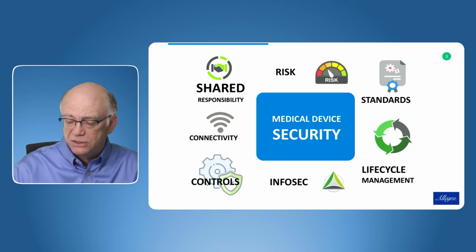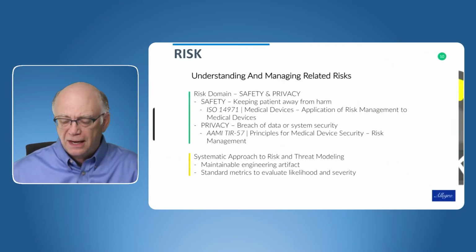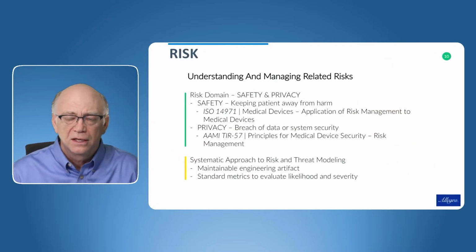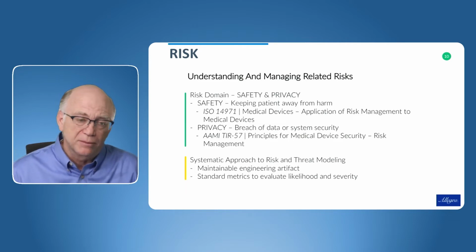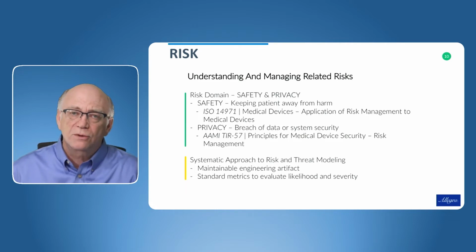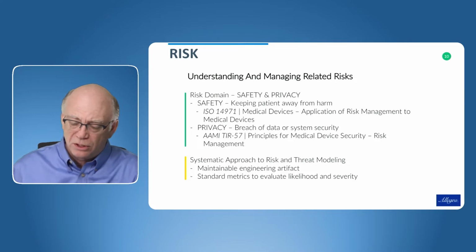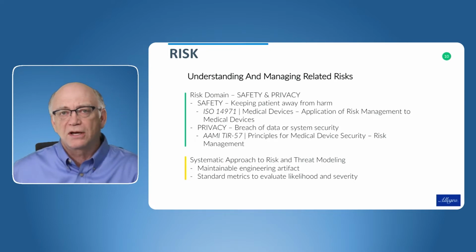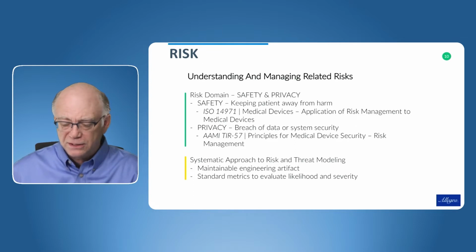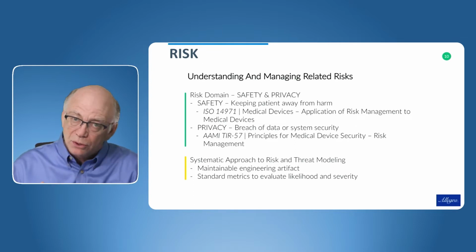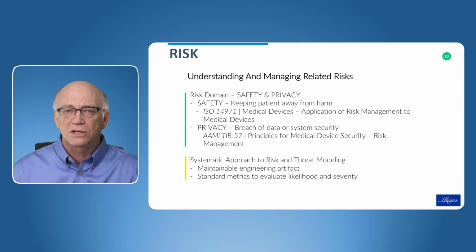The first one is understanding risks and how risks are affected in medical device security, and how you manage them. The risk domain for medical devices really is broken down into two specific areas: safety and privacy. Safety has been around for quite some time, making sure that you can build a medical device that is safe for customers to use in a variety of different forms, so they don't get harmed in any specific ways.